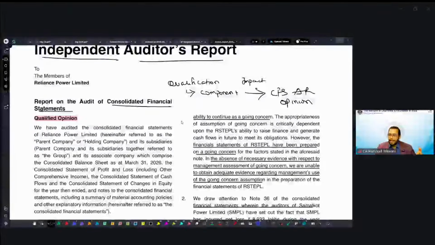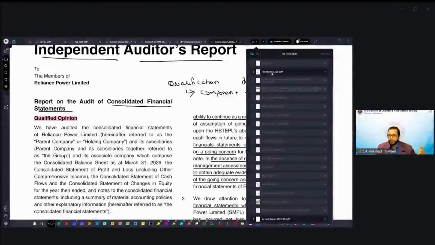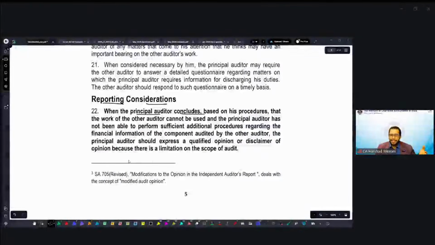That is what SA 600 says. If you go and see SA 600, it says the same thing: when the principal auditor concludes, based on his procedures, that the work of another auditor cannot be used, or he is not able to perform sufficient audit procedures, he shall express a qualified opinion.